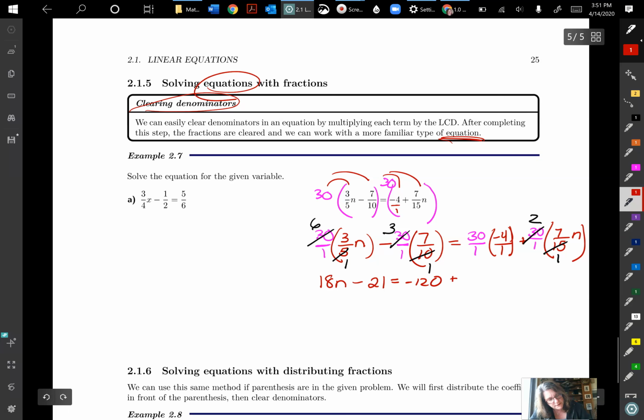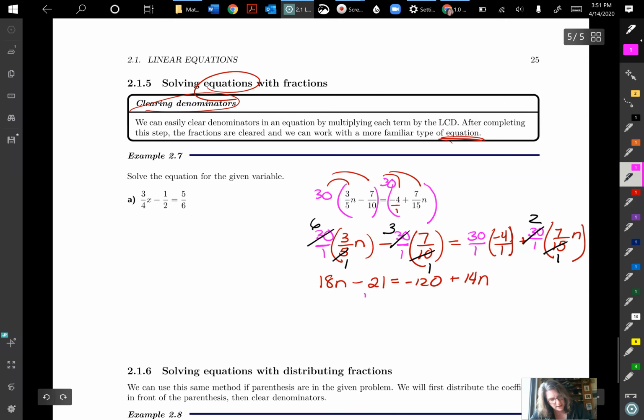And then plus 2 times the 7n is 14n. Okay, so I think I have everything there. All right. Did I get them all? Yeah. All right, so now we're going to, from here, you probably can do it on your own.